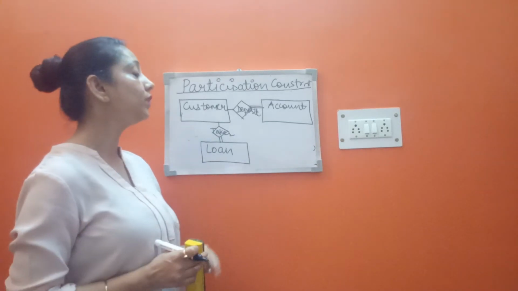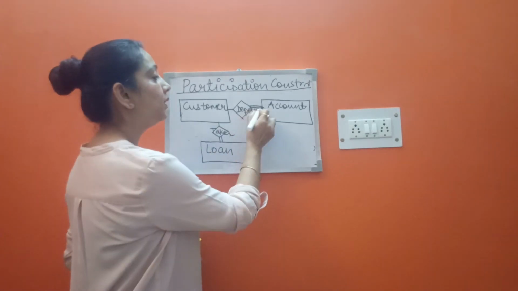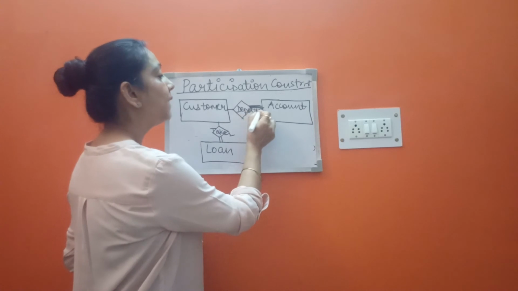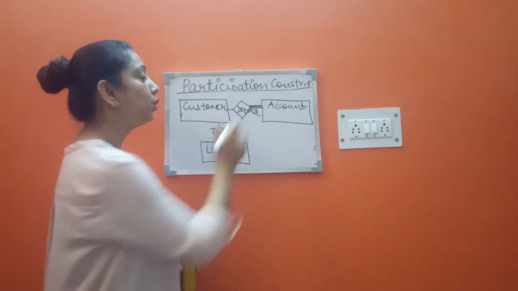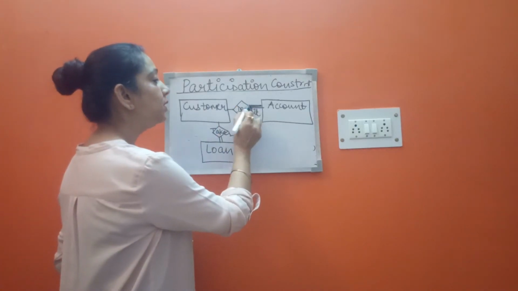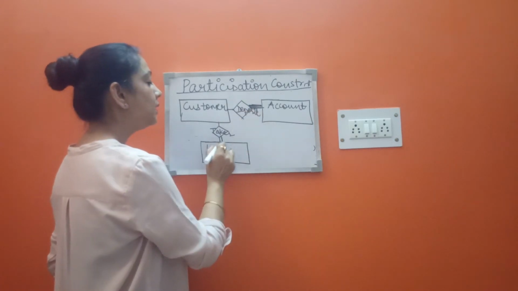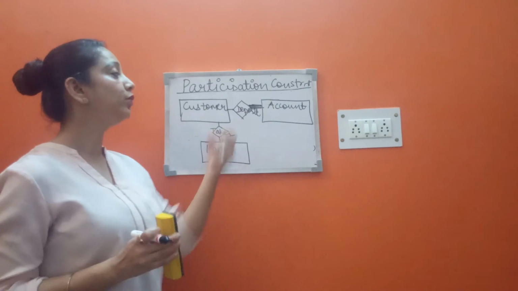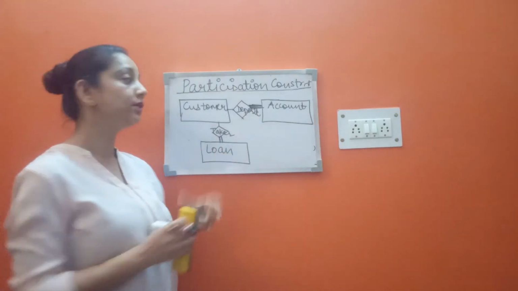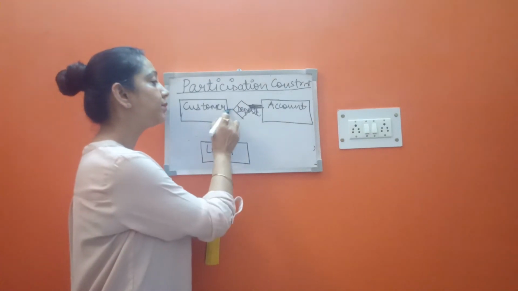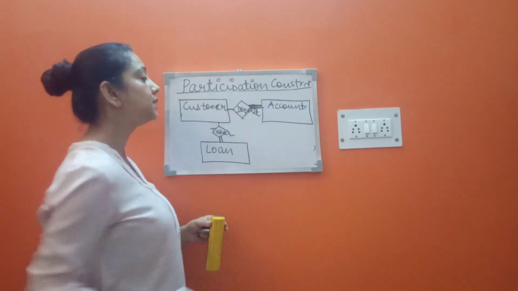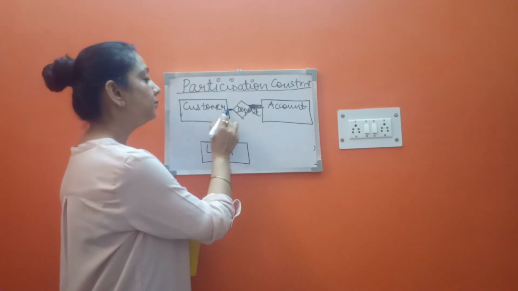Yes? Now, as I told you in the previous video, how do we depict total participation and partial participation? Partial participation is depicted through a double line. When I have to represent total participation, it is done using this single line.